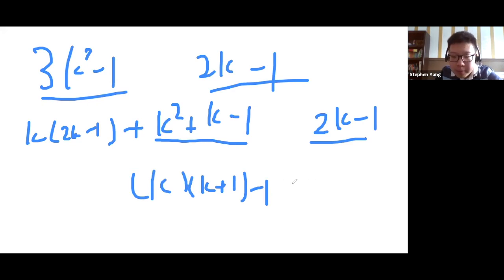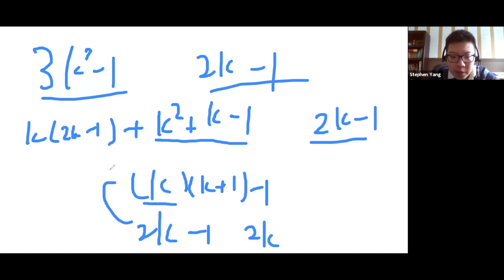So 2k minus 1 and 2k have a common factor of 1. So these two terms have a common factor of 1.